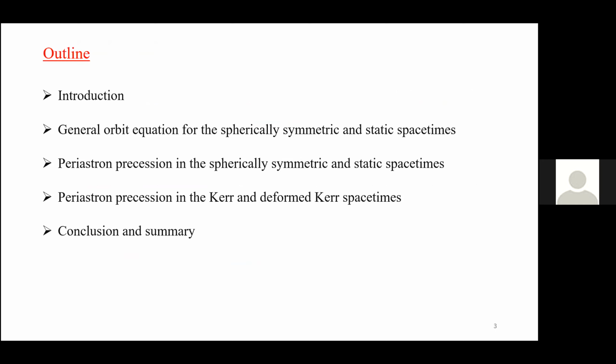Using this orbit equation, I will show the periastron precession in the Schwarzschild black hole and the Joshi, Malafarina, and Narayan naked singularity spacetime, and then discuss the nature of the periastron precession in the Kerr and deformed Kerr geometries. And at last, I will conclude with the important results of our recent work.